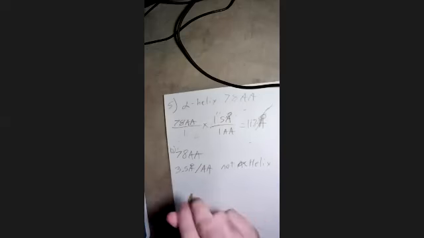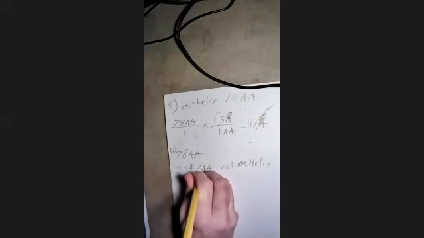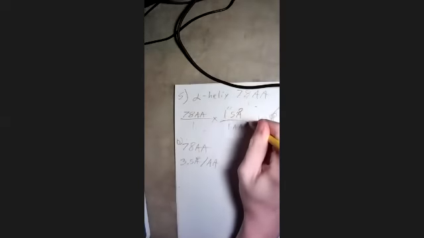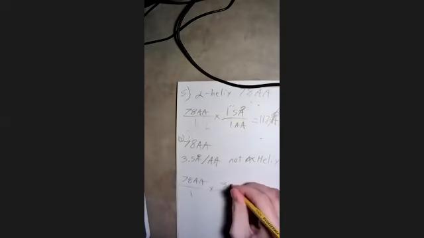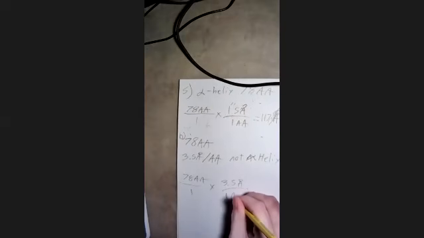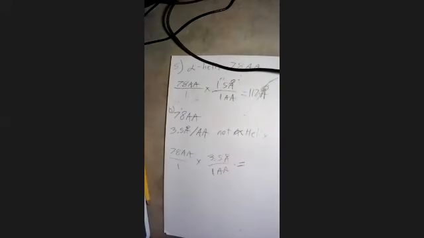When it is an alpha helix, it's 1.5 angstroms per amino acid. So we take our 78 amino acids over 1, multiply by 3.5 angstroms per amino acid. I bet y'all can't see that very well, so I'm going to switch to this. That gives us 78 times 3.5, 273 angstroms.